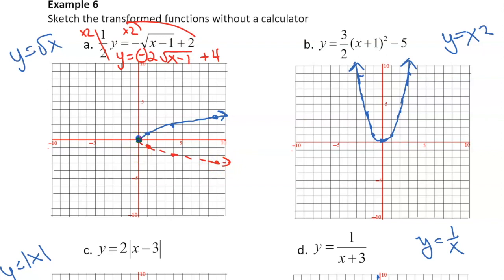We're going to vertically expand it by a factor of 2. And then we're going to go 1 to the right and 4 up for our final solution right here.